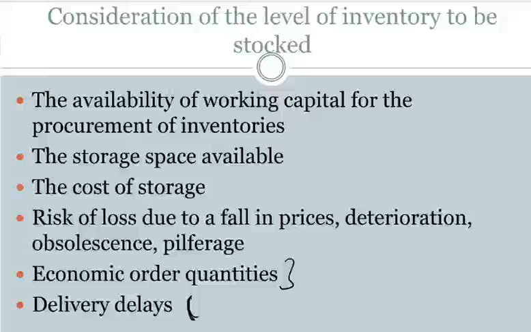So if I'm looking at a longer delivery time, for example, a month, that means I need to store much inventory, because if I keep less inventory, then my inventory is coming to an end. I order, I might need to wait a month, so I need to have enough inventory to cover me for a month. But if the delivery time is 2 days, I really don't have to keep much inventory, because in 2 days I might be supplied. So I might just have to keep inventory that is going to sustain me for 2 days. So those are the considerations we have to make.